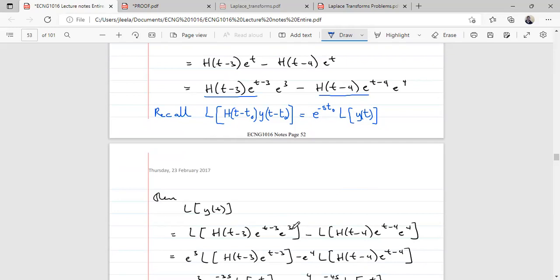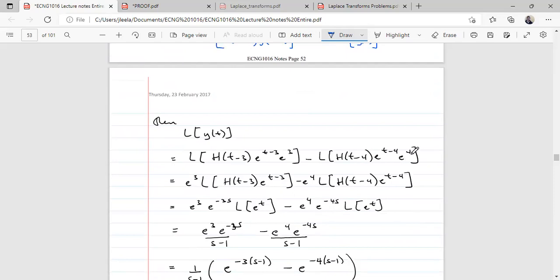Well, e to the power 3 is a constant, so I could just pull it out on the outside. And similarly here, e to the 4, I could pull out on the outside. So I have my Heaviside here with my function in the required form in both cases.